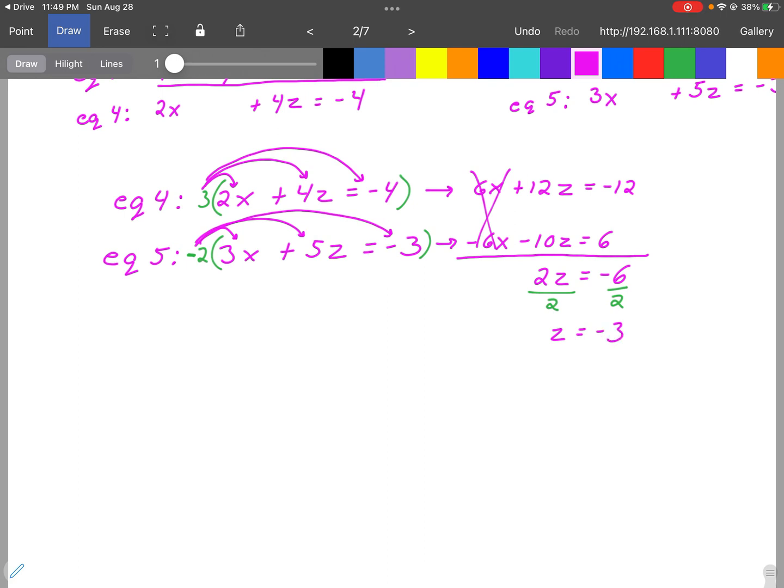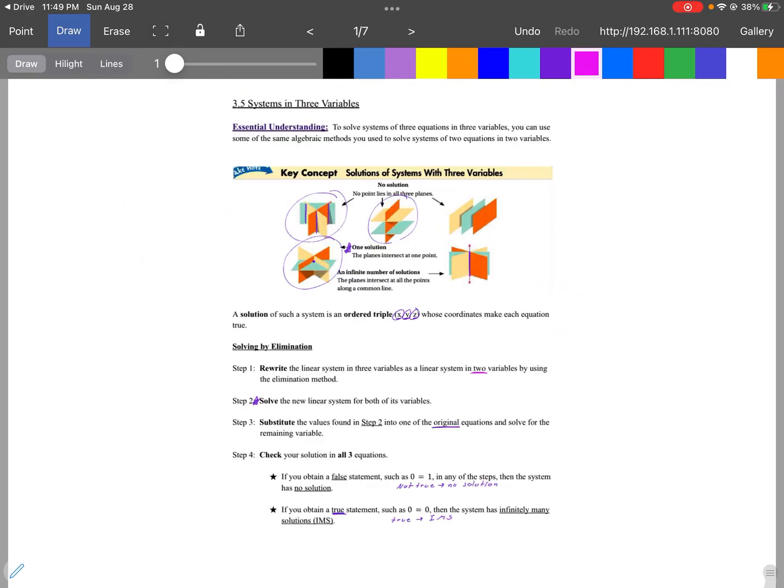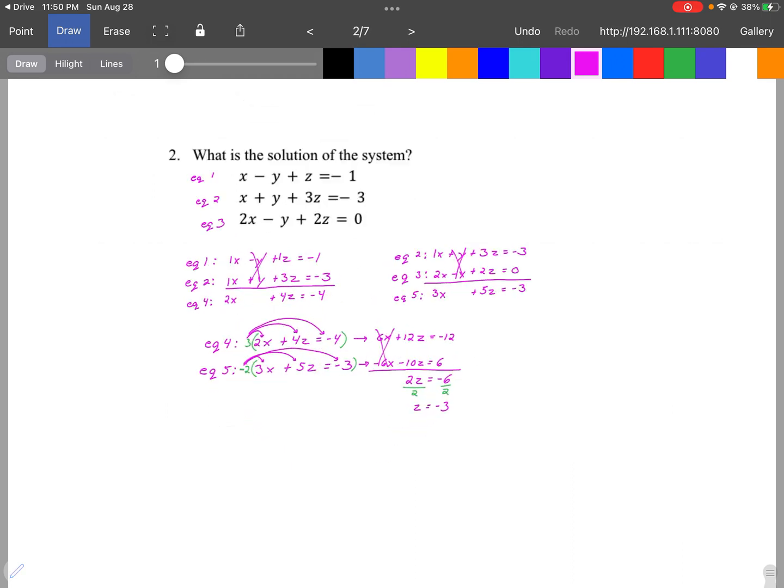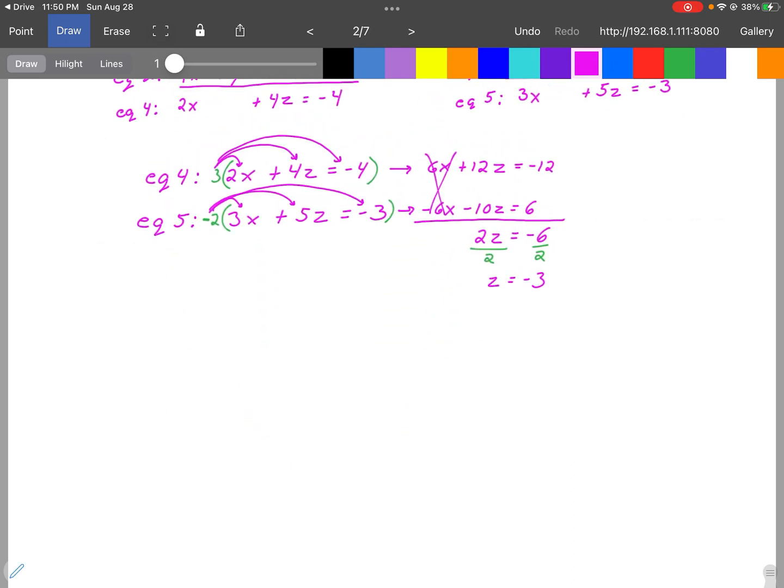So once I have that first variable's answer, then the rest is just plugging things back in. So let's go back to our steps real quick and see how far we've gotten. So we're part of the way through step 2, but we haven't finished it because it says solve the new linear system for both of its variables. I have one of them, but I need to get the other one. So let's go back to our problem.